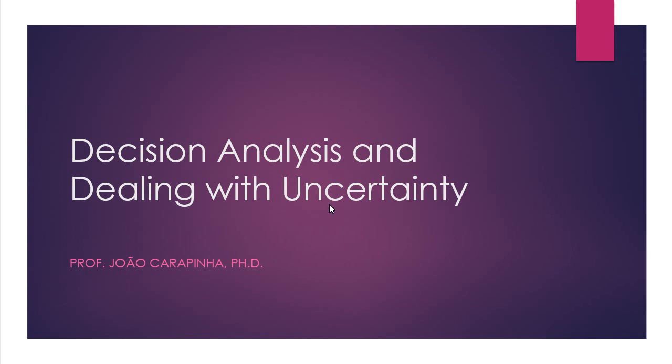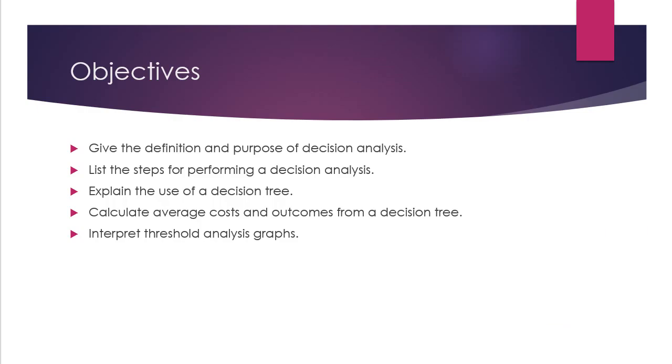It applies to cost effectiveness analysis, cost utility, cost benefit, because the costs and the outcomes, whether they're monetized, or measures of effectiveness, or quality adjusted life years that are based on utilities, all of these are variables, so they vary in different situations. So what we do in pharmacoeconomics is we need to find a way of dealing with uncertainty, and this is the purpose of the video today.